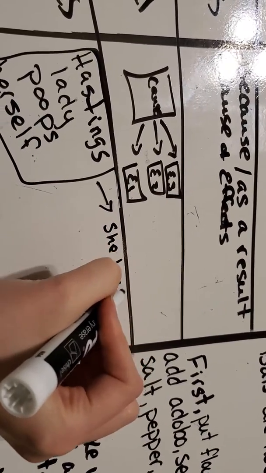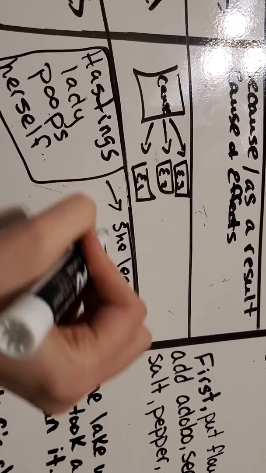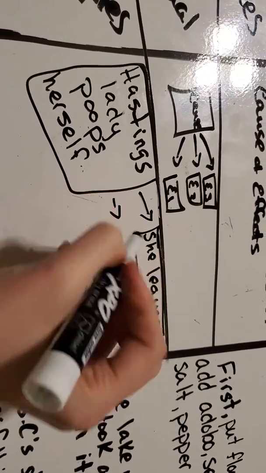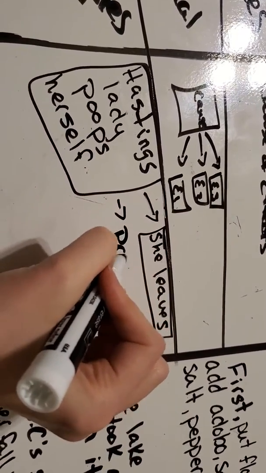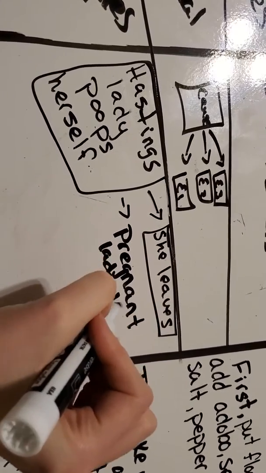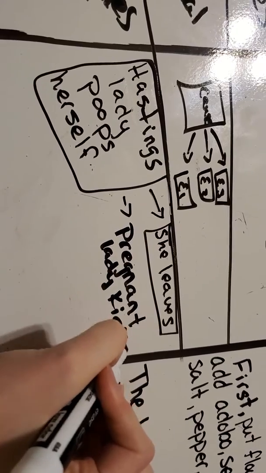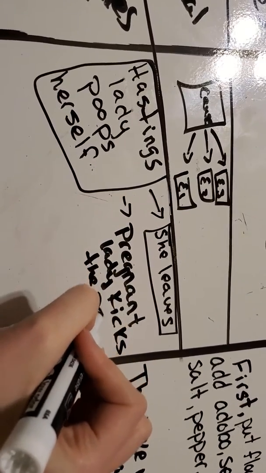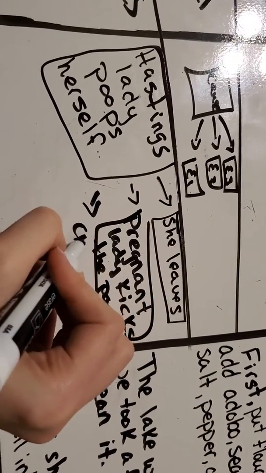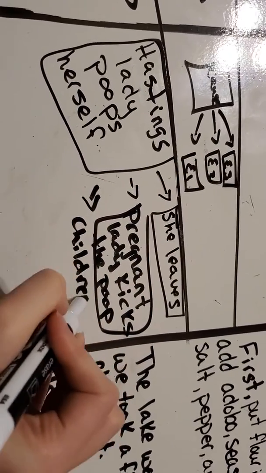She does not want to be known as the lady that poops herself. She does not want to own up to that, so she leaves. Pregnant lady kicks it. Kicks the poop. Children scream.